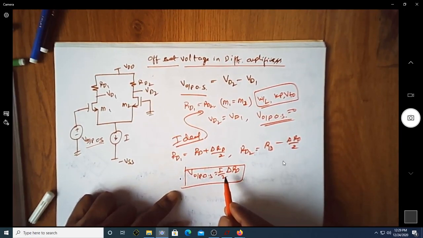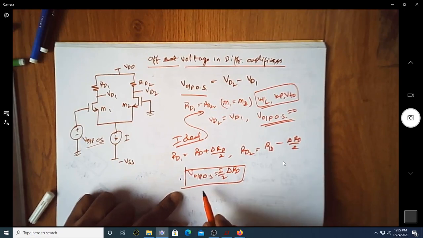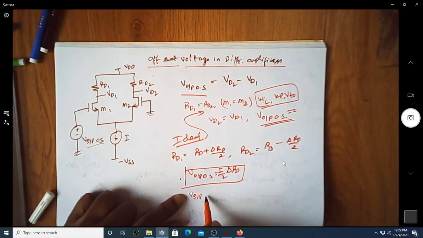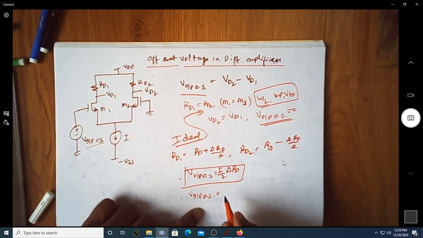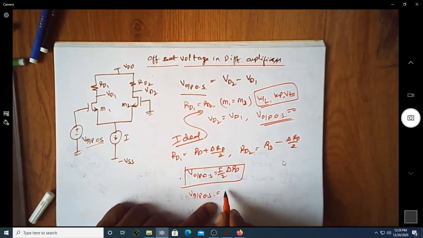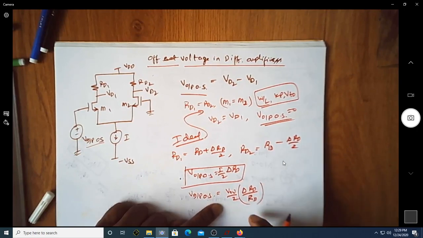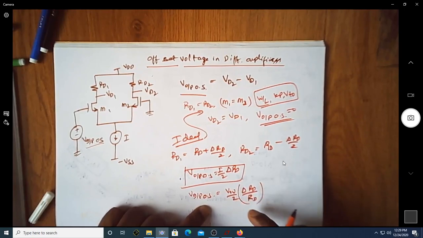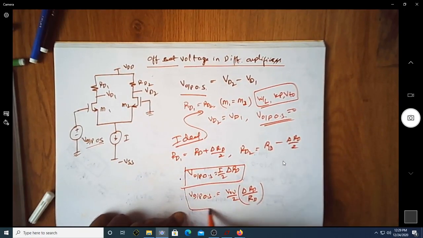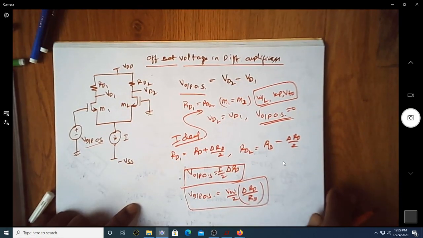To make this output offset voltage 0, I need to apply some input offset voltage, which is usually DC in nature, at the input differential voltage. That magnitude was found to be VOV by 2 into delta RD by RD. So whatever percentage of the mismatch is there, multiplied by half of the overdrive voltage, was the amount of voltage that needs to be applied at the input to make the output offset voltage 0.